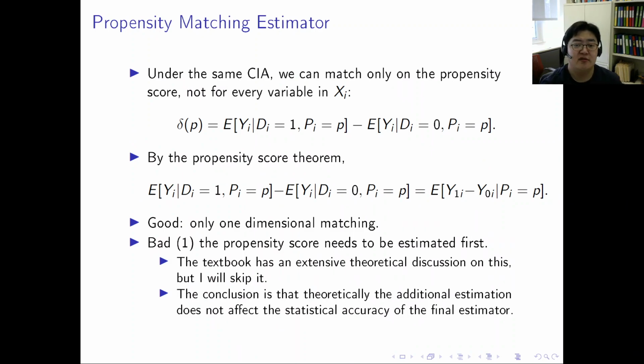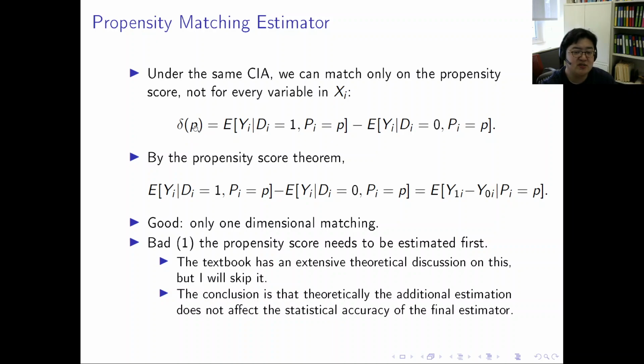So then, as before, we are going to repeat a similar process to what we learned from the matching estimator. How we studied the matching estimator can apply to the propensity score matching estimator. So the propensity score matching estimator can be denoted as delta as a function of p.